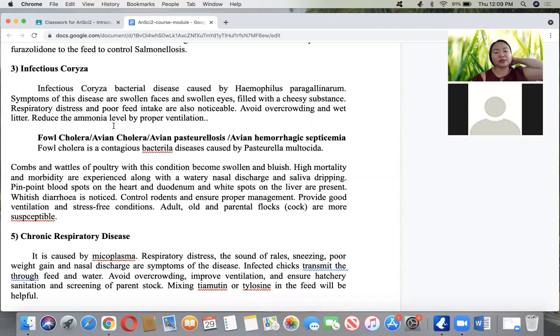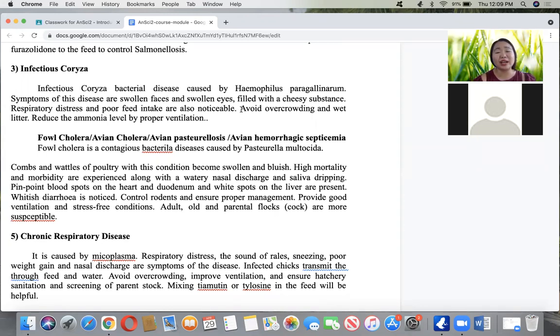Next, we have infectious coryza. It's also a bacterial disease caused by Haemophilus paragallinarum. The faces are swollen, the eyes are filled with cheesy substance, and they have respiratory distress and poor feed intake.